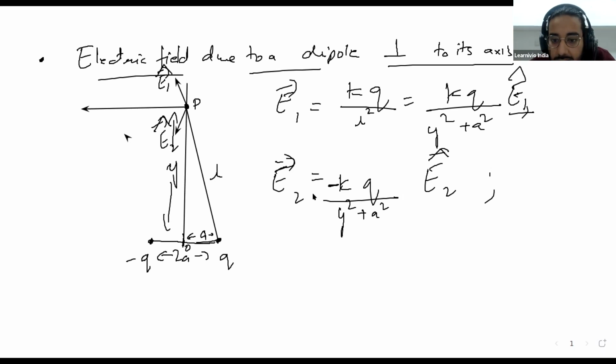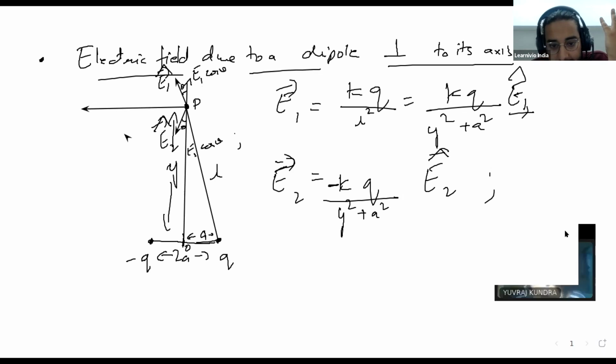Now, clear thing to notice here, the y components of both. Let's call this angle some theta. This angle will also be theta. So E1 cos theta and E2 cos theta will essentially cancel each other out. So there won't be anything along the y-axis. Whatever will happen will be along the x-axis.